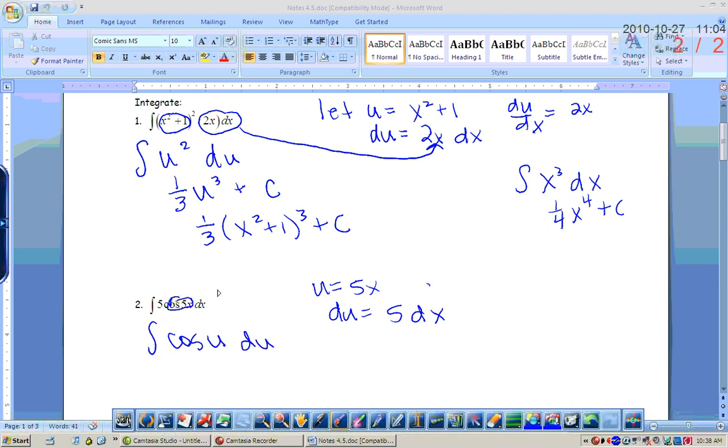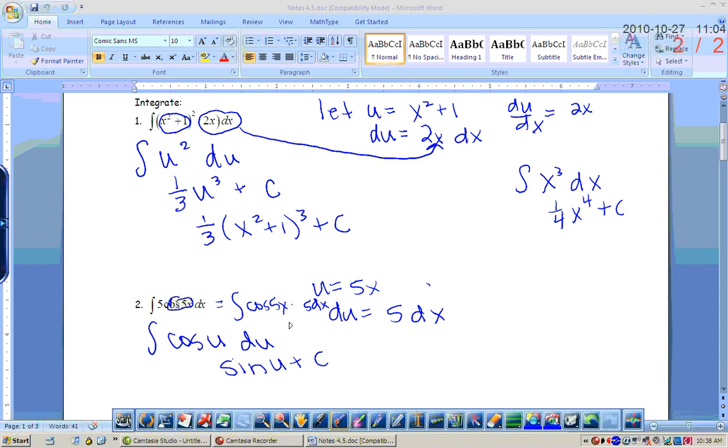The 5 and the dx are not right next to each other, but it's all multiplied together. So if I really wanted to, I could rewrite this integral as cosine 5x times 5 dx. And it all fits. Well, what's the integral of cosine u? Sine u plus c. Very good.